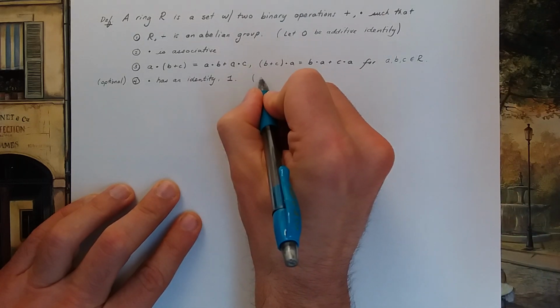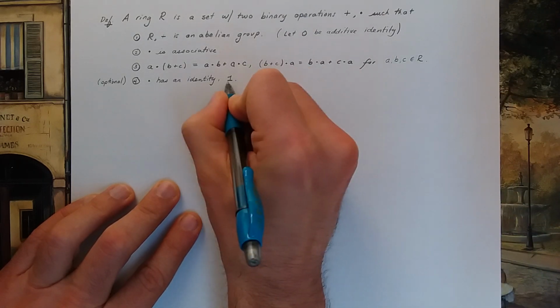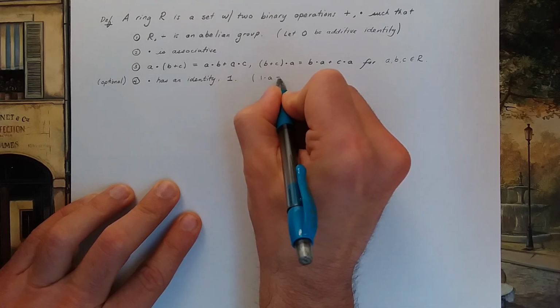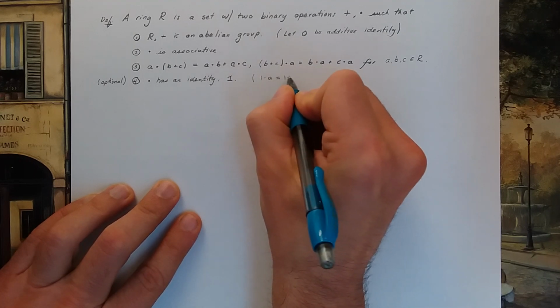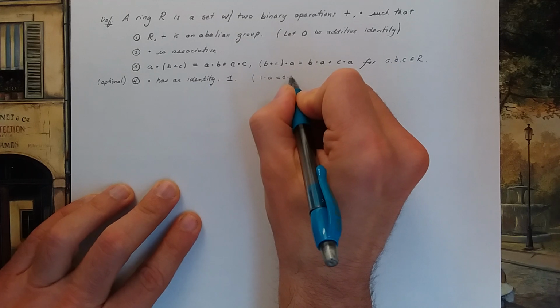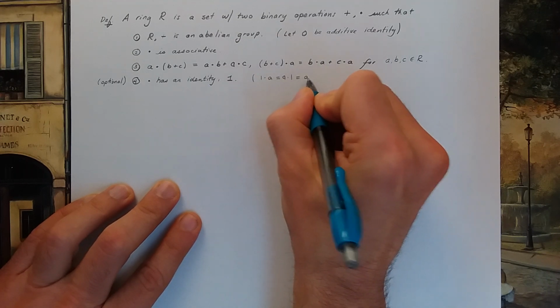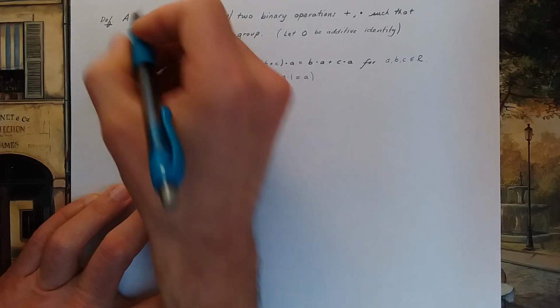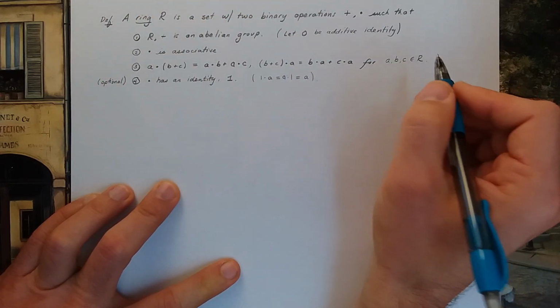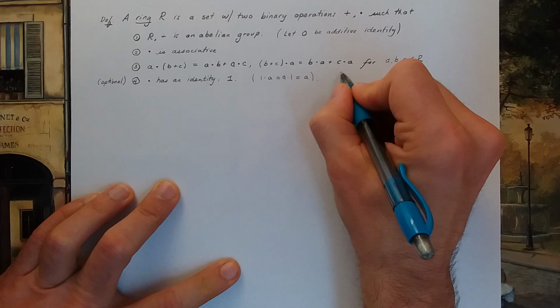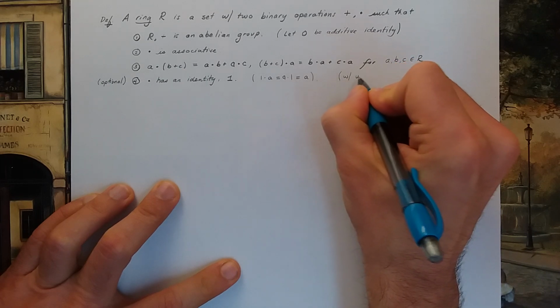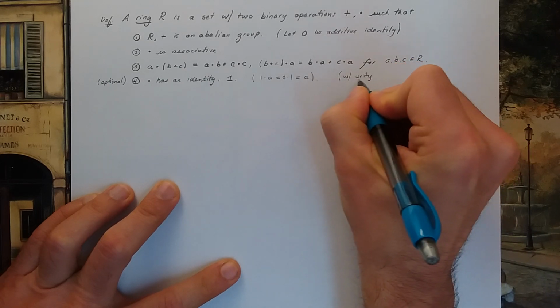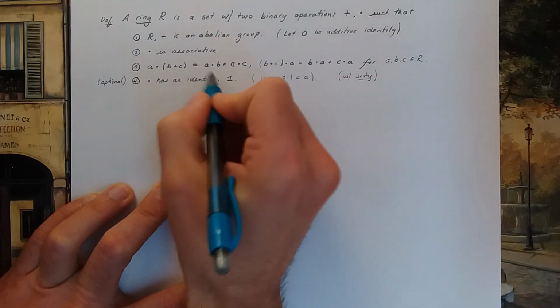So what I mean by that is there's a 1 in the ring such that A times 1 is the same as 1 times A, and that's just A. So some people might say that our definition of ring is a ring with unity. So this is with unity, meaning that I have the number 1 in my ring.